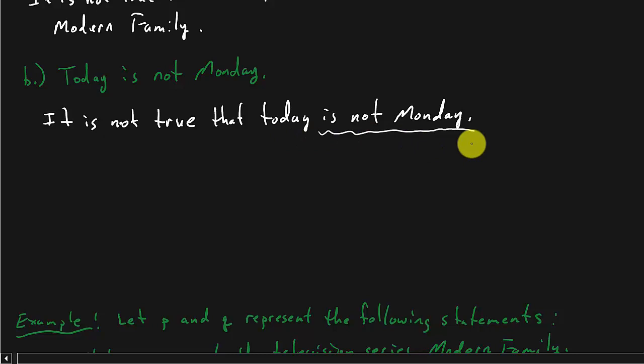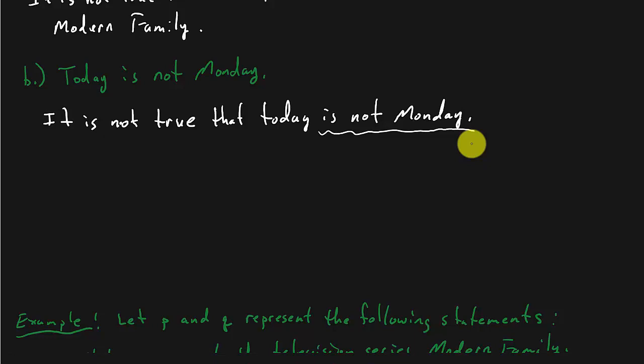Okay, but how do you think we would go about really expressing the opposite of today is not Monday? I mean, what would be more natural to you to express it in English?